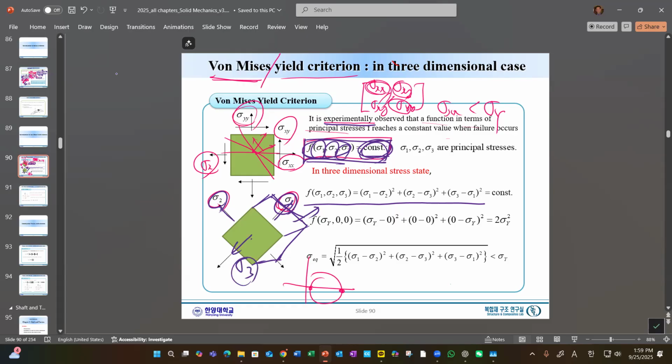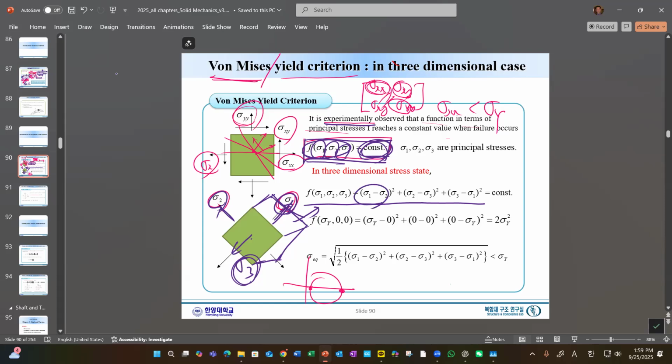How to calculate this one? Well, you don't have to know, but conceptually you already know how to calculate sigma 1 and sigma 2. That's enough. But you can easily imagine that there could be another principal stress in a third direction. Yes, you are right. We have three components.